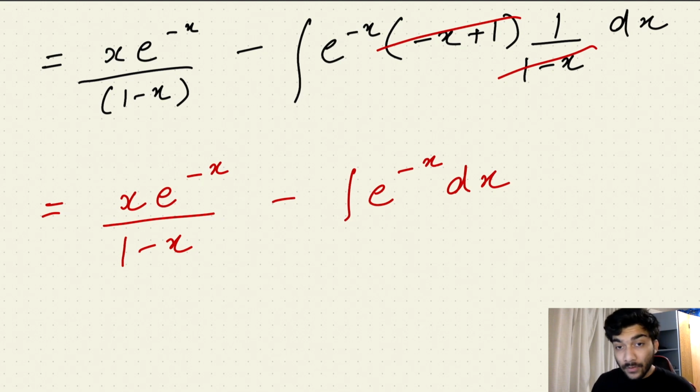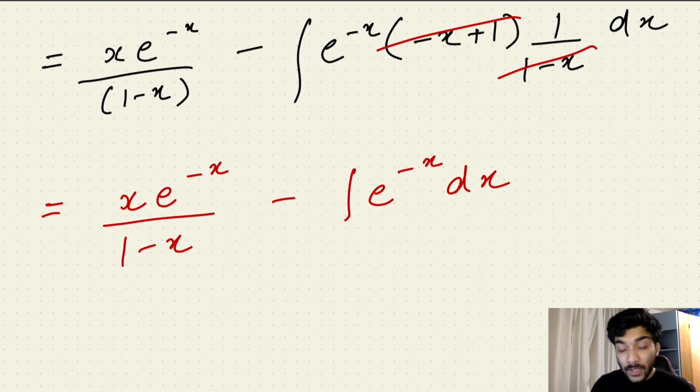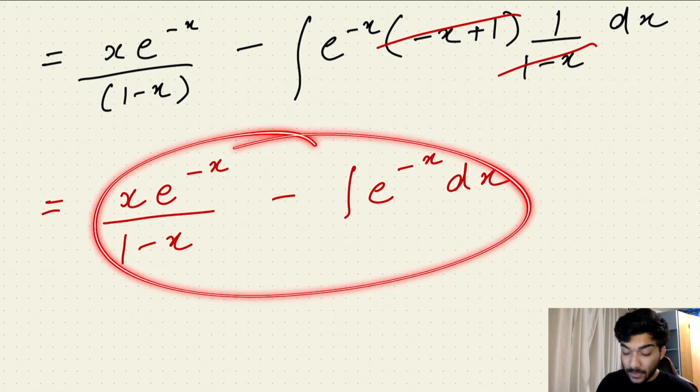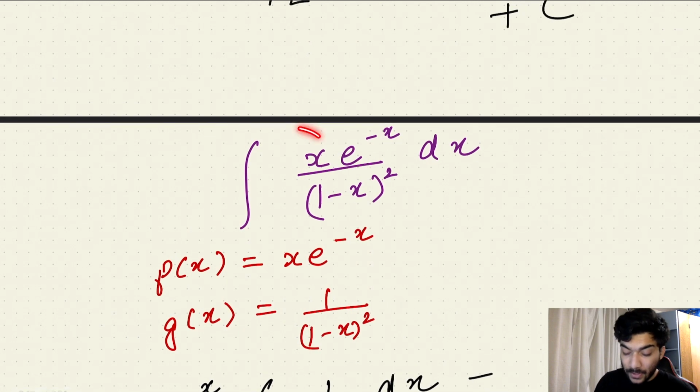And now you see how simplified this integral expression over here is, right? Because we already know an integral for the exponential function, which is already an exponential function. So this expression is much more simplified than the original integral expression over here, right?